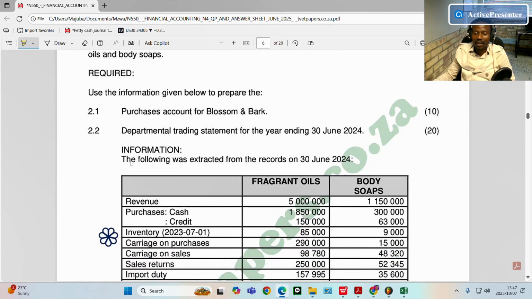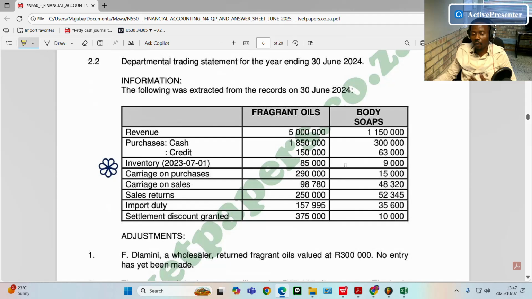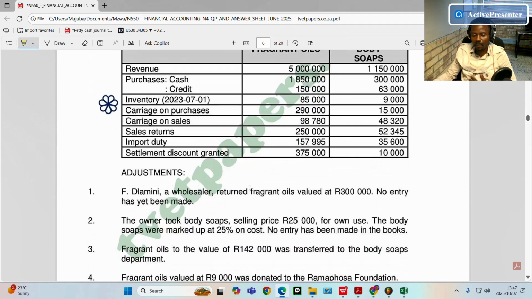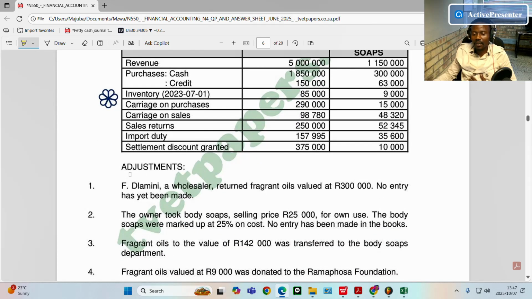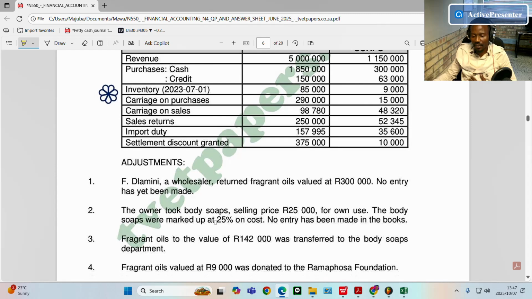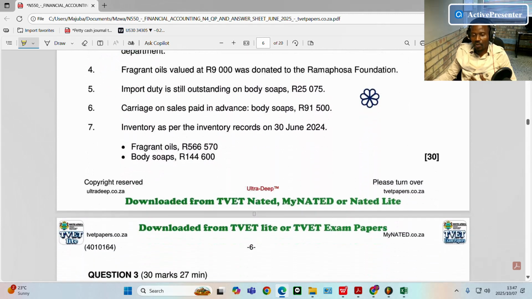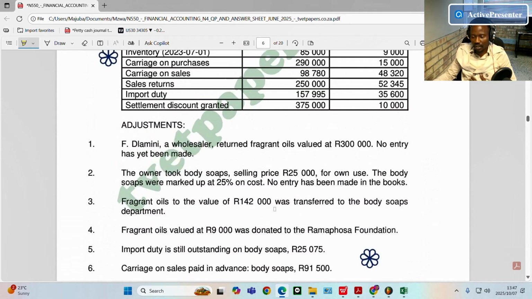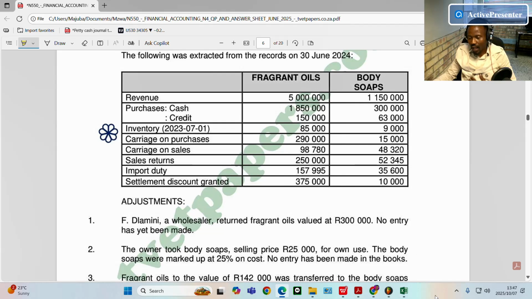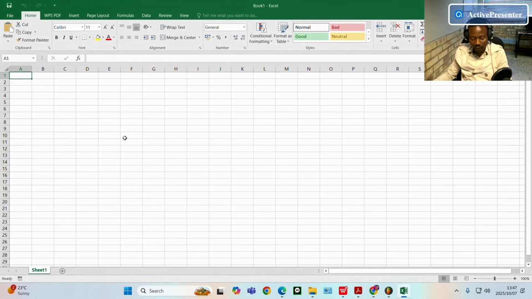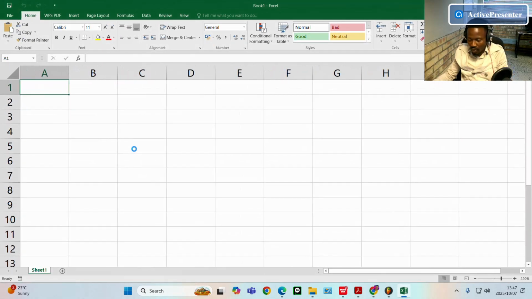Information: the following was extracted from the records on 30 June 2024. So this is the information, and then here are the adjustments. So we are required to do the purchases account, of which I'll be using Microsoft Excel to answer this question.